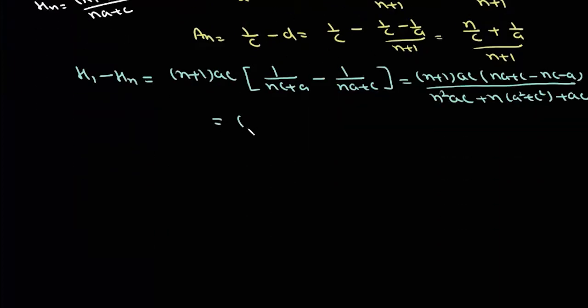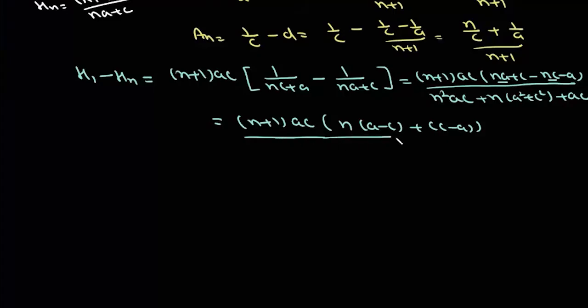Now we can write this as n plus 1 ac. Here we'll take terms of n together, so there will be n a minus c and plus c minus a, and it will be n square ac plus n a square plus c square.